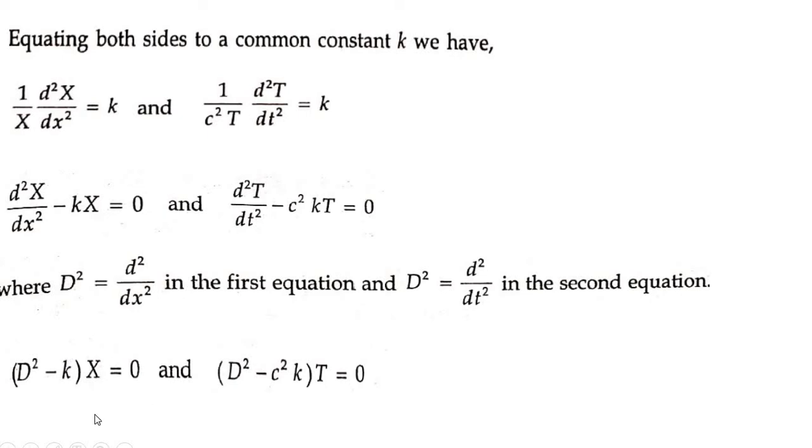Before writing its auxiliary equation, as I mentioned in the beginning, we need to obtain the solution of the ordinary differential equation by taking the constant equal to something. You have to apply 3 different cases here because you don't know the value of k. So case 1 is k equal to 0, case 2 is k equal to positive, and case 3 is k equal to negative.